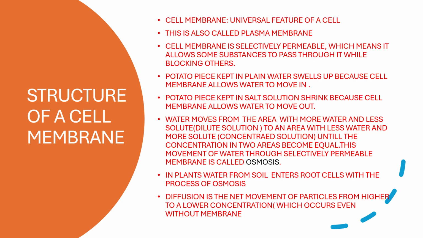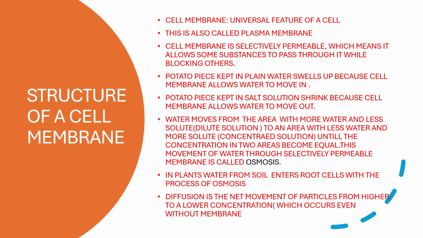So water will move out from potato peas through the cell membrane, plasma membrane, which is selectively permeable, so that the concentration of the two mediums becomes equal. So this process is called osmosis. In plants, water from soil enters root cells with the same process of osmosis.